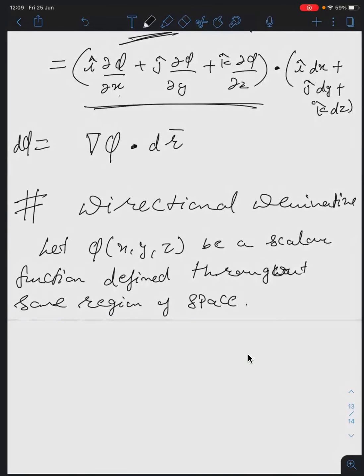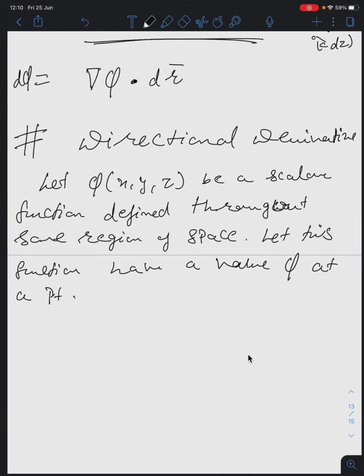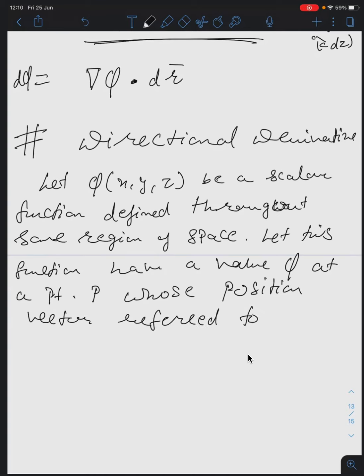So a function we have considered, and that function is a scalar function. Now let this function have a value phi at a point P, whose position vector referred to origin O is OP bar, and this I am taking as R bar.